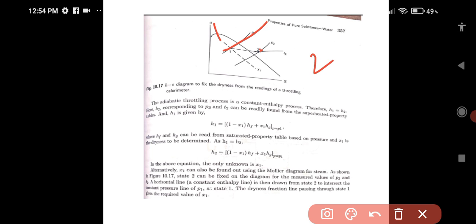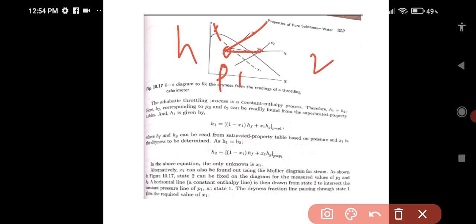So what I will do, this y-axis is the enthalpy, the constant heat content. I will just draw a horizontal line from point 2, which will intersect the P1 line, and this point will become point 1.